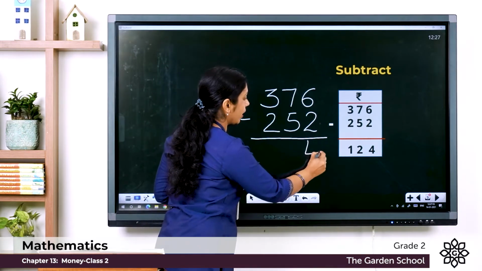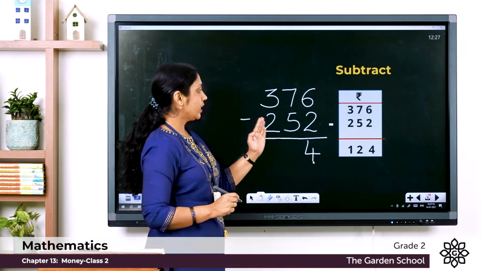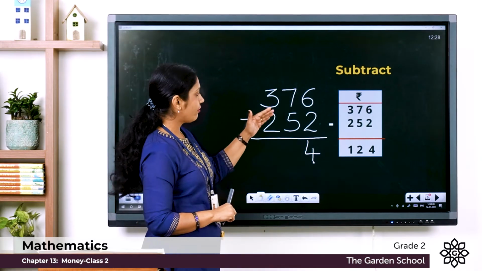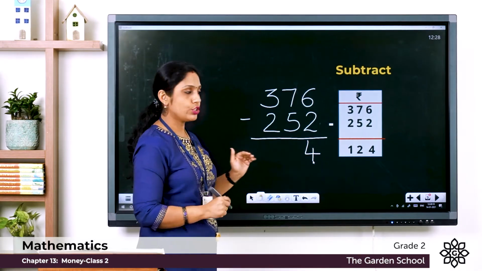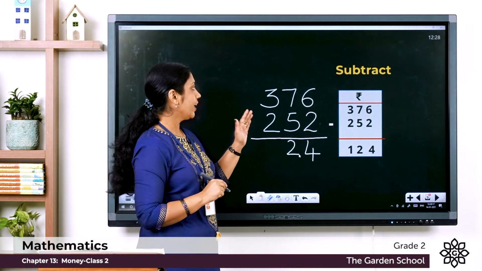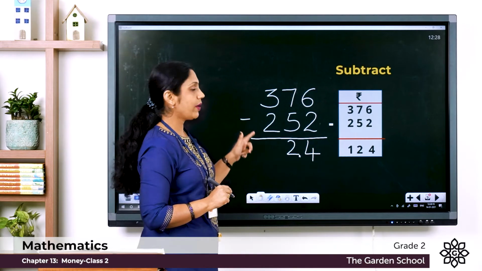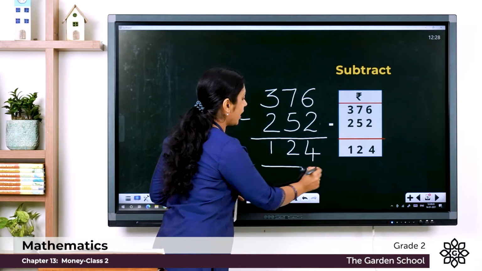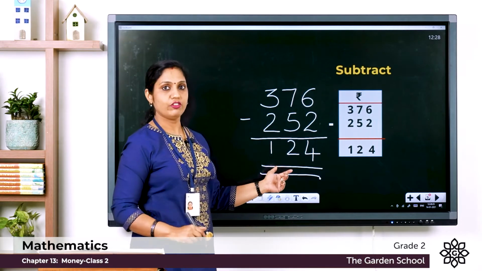So we'll write that under the ones place. Now in the tens place we have 7 minus 5 and 7 minus 5 is equal to 2. And again in the hundreds place we have 3 minus 2. And how much is 3 minus 2? It is 1. So we get the answer 124.